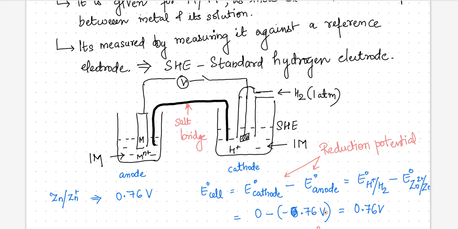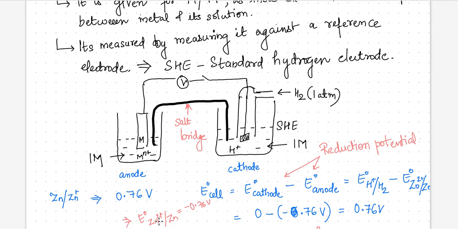So that means the E naught value for the standard reduction potential, or the standard electrode potential, for the zinc system is basically minus 0.76 volt. So that is what it means. This is the standard electrode potential for the zinc system.